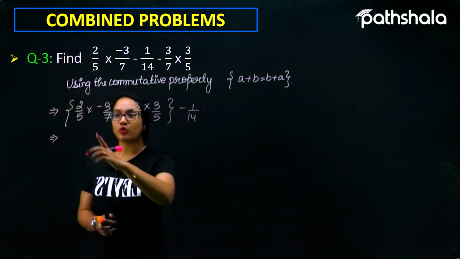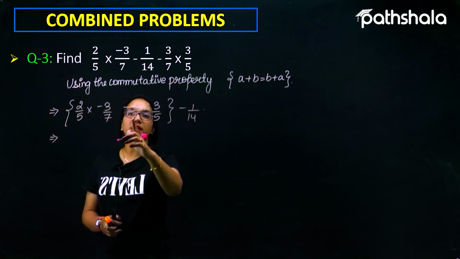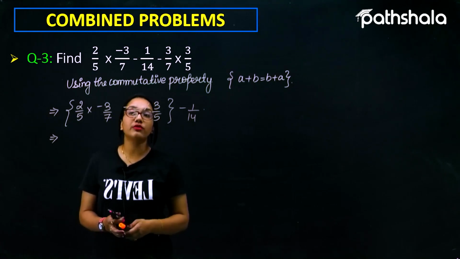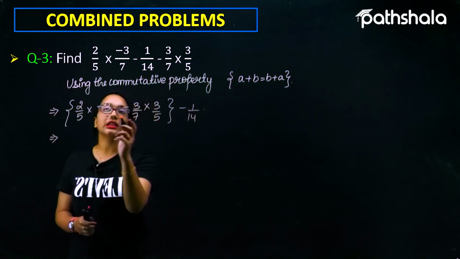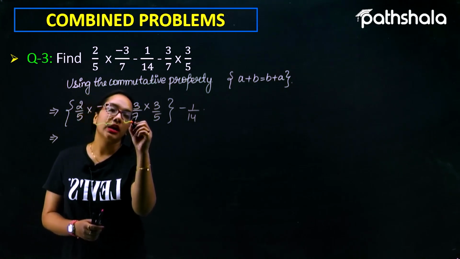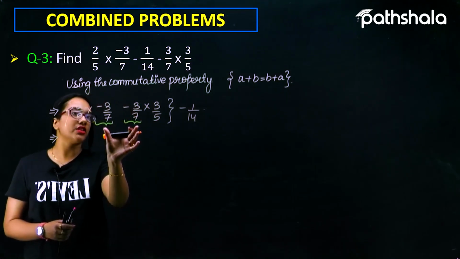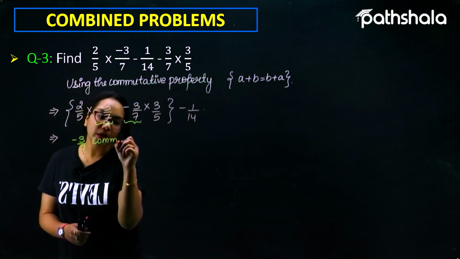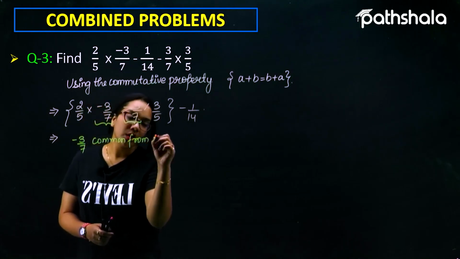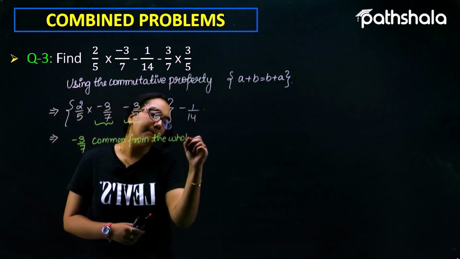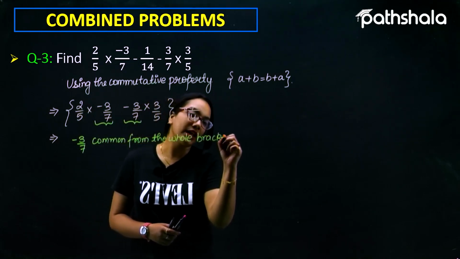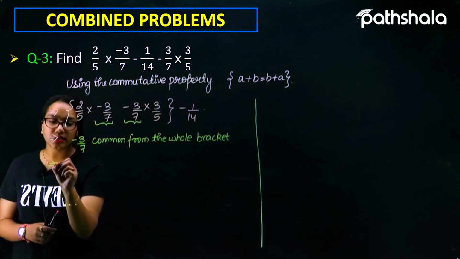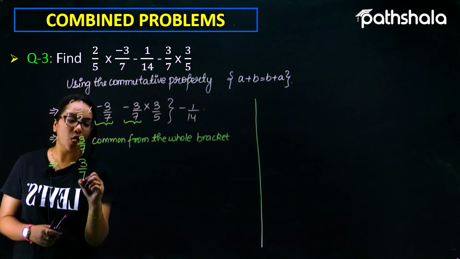This is 2 by 5 into minus 3 by 7 minus 3 by 7 into 3 by 5. The first thing we can take common out of this is minus 3 by 7, because in both of these fractions minus 3 by 7 is common. I'm taking minus 3 by 7 common from the whole bracket.